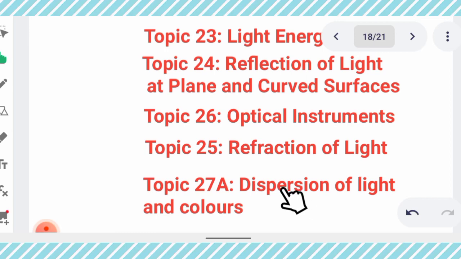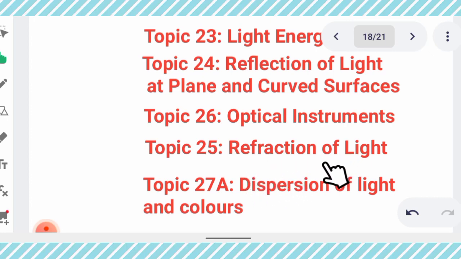I think primary colors are blue, red, and green, and the combination of primary colors forms secondary colors. When talking about dispersion of light, we have about seven colors in light, which are known as red, orange, yellow, indigo, then green, blue, and violet. So those are the things you just need to know here.